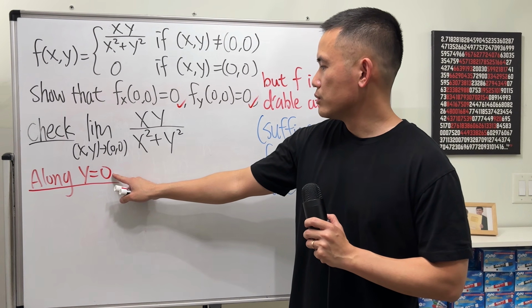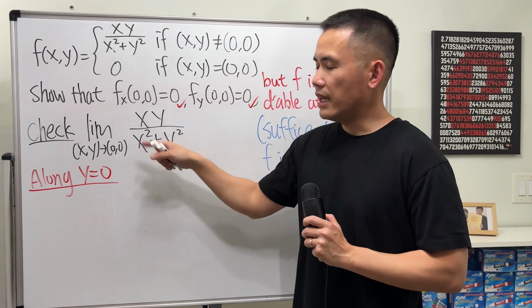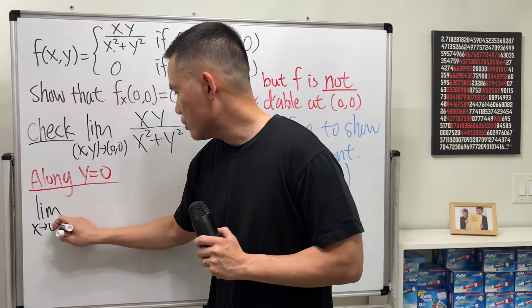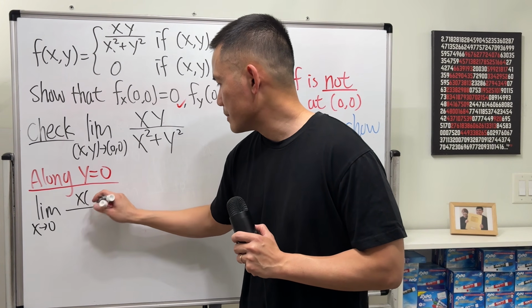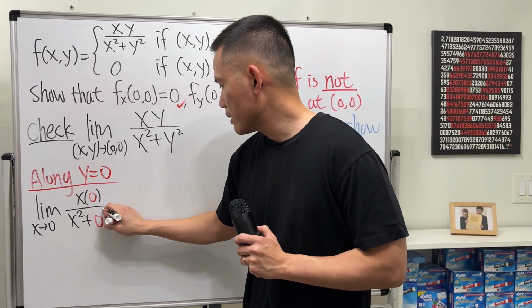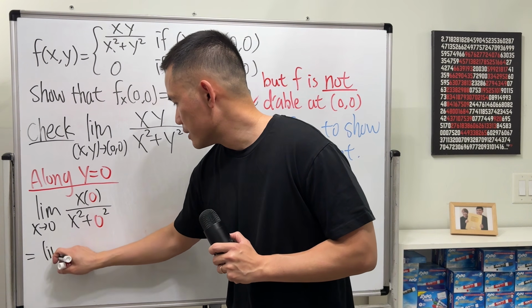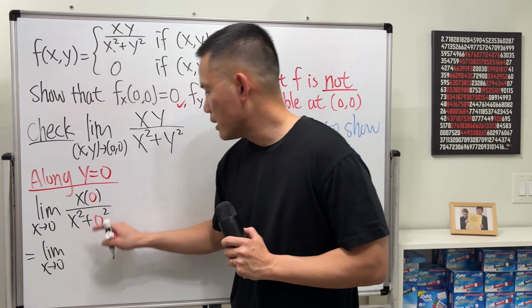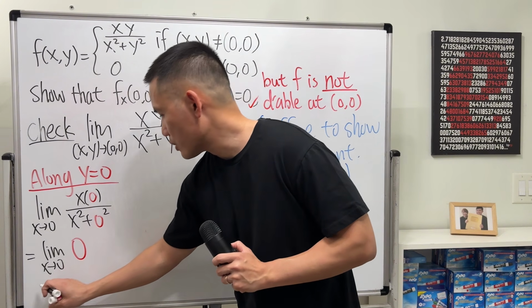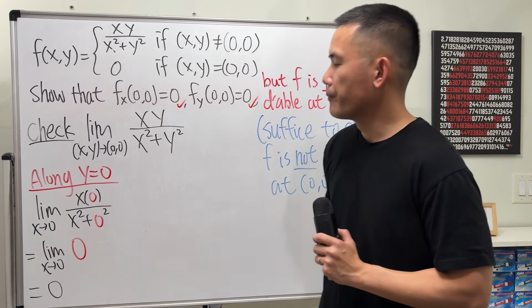You're just plugging 0 into y, and x stays. So this becomes the limit as x approaches 0 of x times 0 over x squared plus 0 squared. The top is 0 over x squared, so the whole thing is 0. So you see that we get 0.